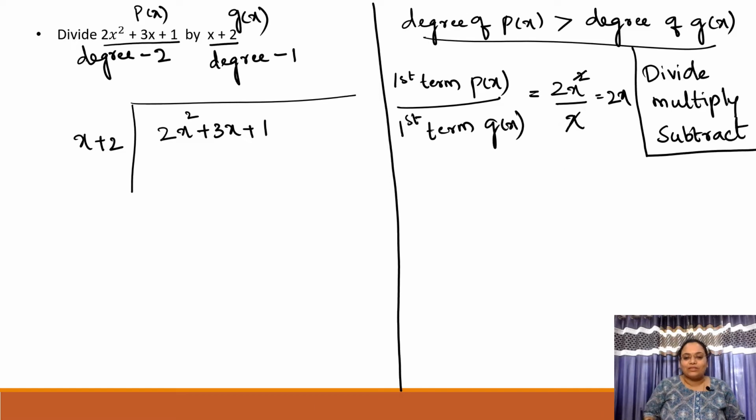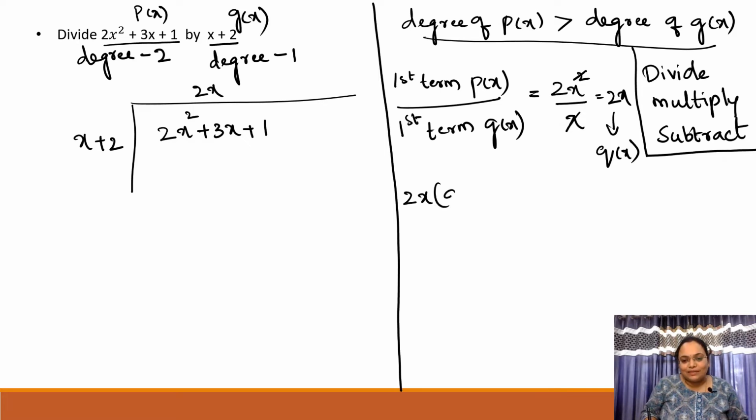So this will be the first term of q of x. Now let us write this 2x in the place of q of x. That is 2x is here. And then what is the second step? It is multiply, right? So we need to multiply 2x with x plus 2.